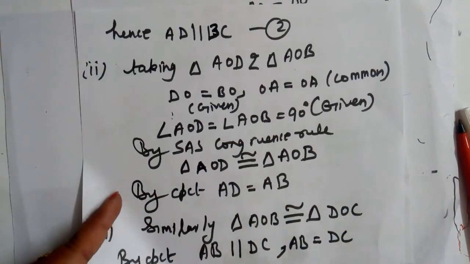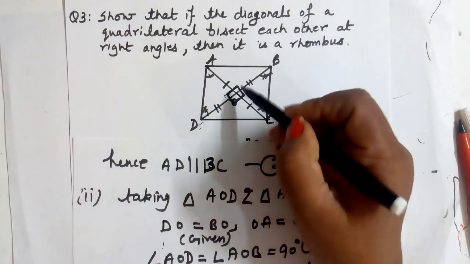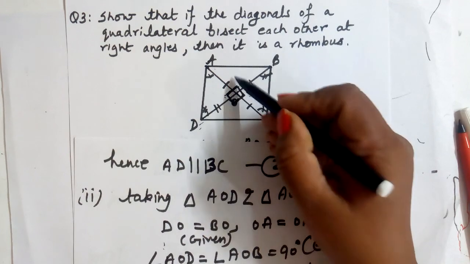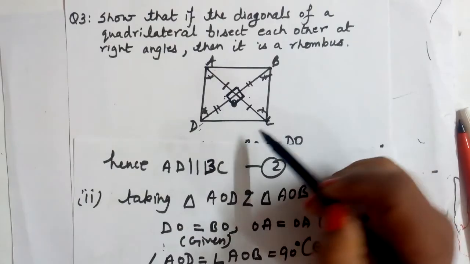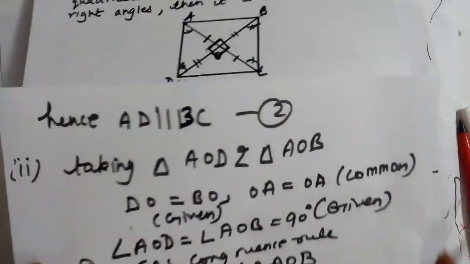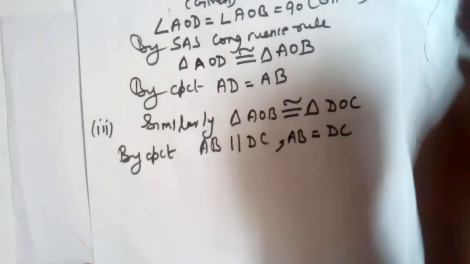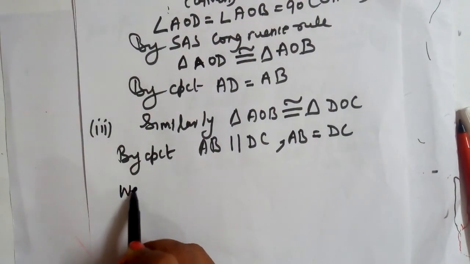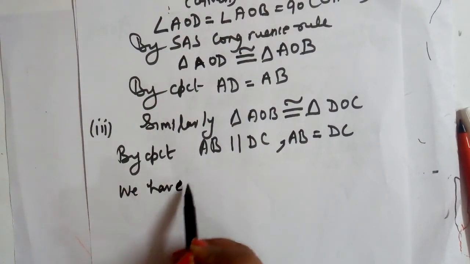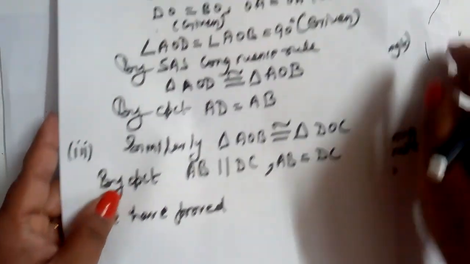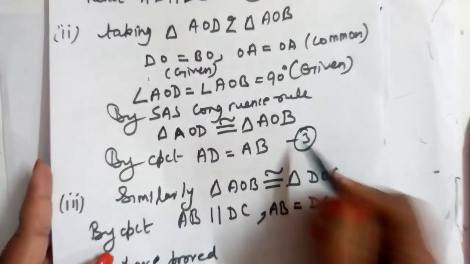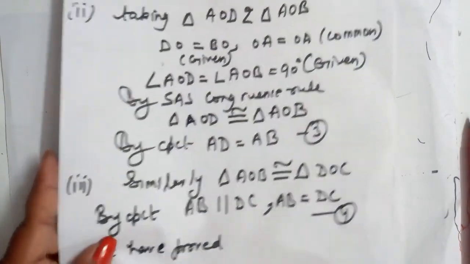Okay, that we have already. Similarly we can write for these two triangles AOB and DOC. Yes, so now we have proved this. We can give this third equation, this is fourth.